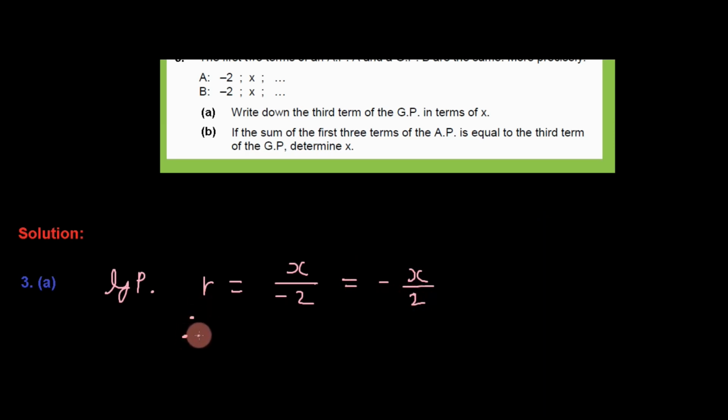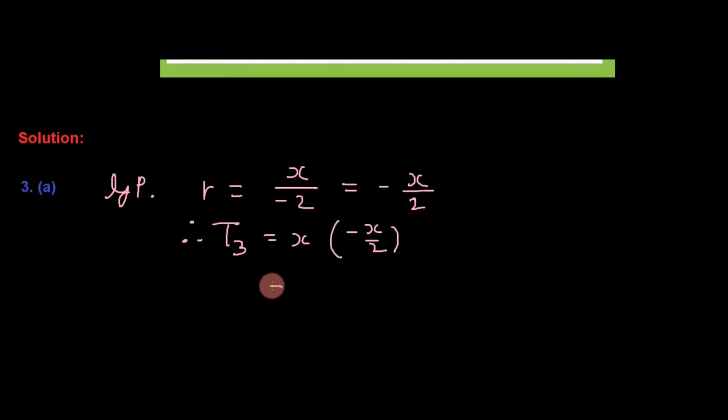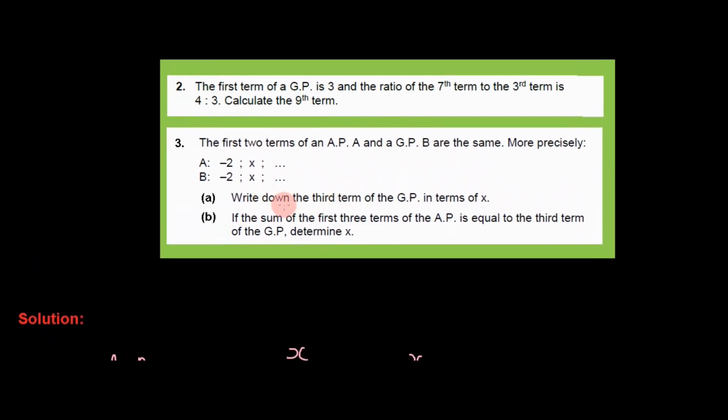And now we can get the third term by taking the second term, which is x, and multiplying it with the common ratio. So this comes to negative x squared over 2. So we've answered A. We had to write down the third term of the GP in terms of x.